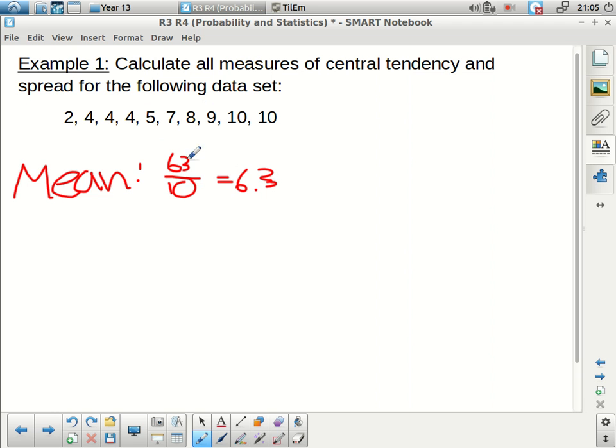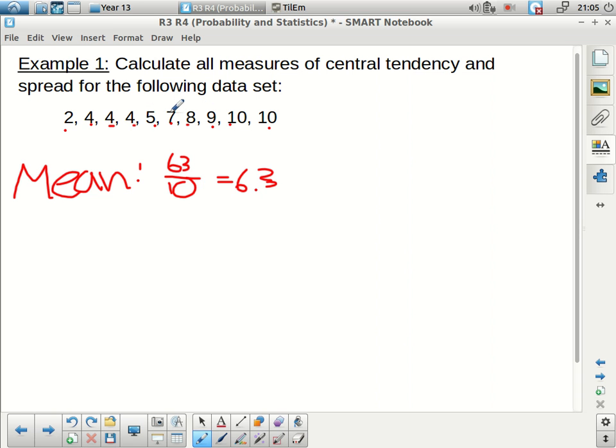Okay, for the median, we try to find the middle. This data is already sorted, so I can just look. If it wasn't sorted, if it was all jumbled up, we'd have to sort it first from lowest to highest. So my middle point here, if I start going in from the end, 1, 1, 2, 2, 3, 3, 4, 4, there is no exact middle point.